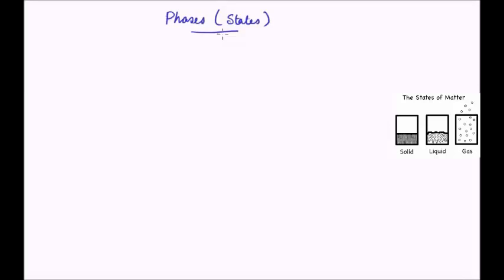Under normal circumstances, any material can have three states or three phases. What are those three states? The first is solid, then there can be liquid, and ultimately there is the gaseous state, gas.